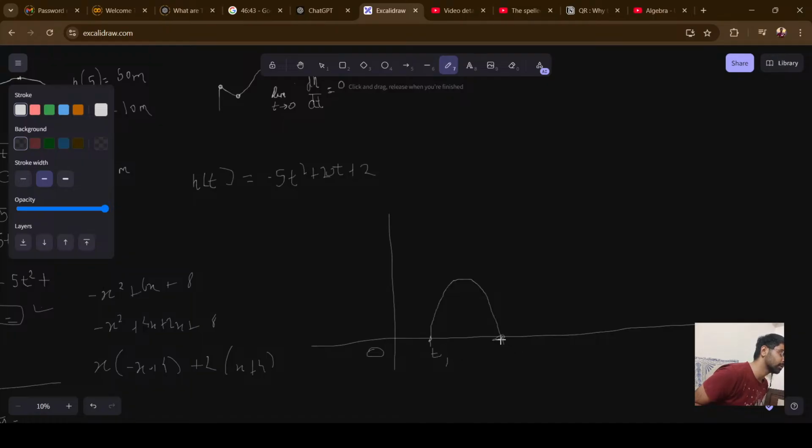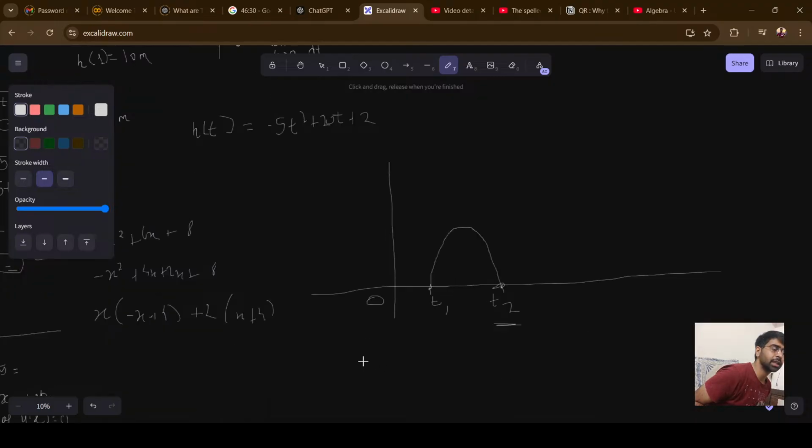This is time t2. This is the time where the ball will hit the ground, and the height is 0, right?